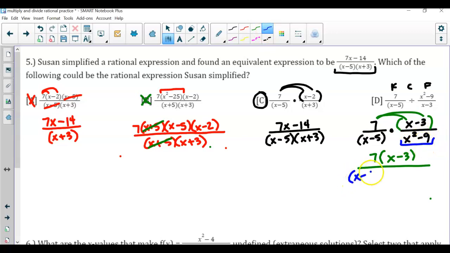So I've got x minus 5 in my denominator, but then here x squared minus 9 is x plus 3 times x minus 3. Now the x minus 3's cancel out, and the denominator matches x minus 5 times x plus 3. But notice how you only have 7 left, and I need 7x minus 14. So that's why it's not D, and the answer was C.